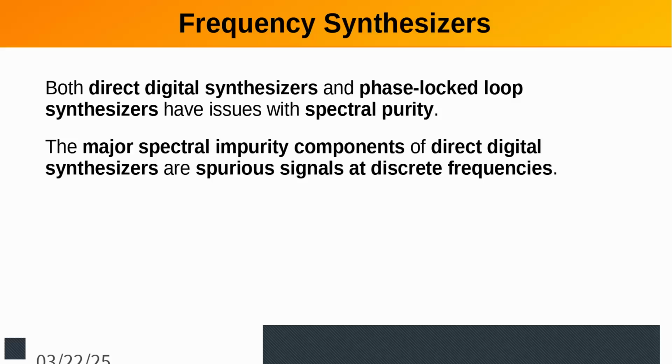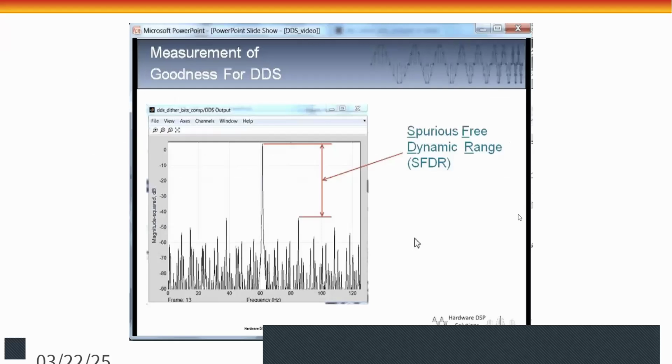So you've got a lot of square waves running around. There's a thing I found about how they measure the goodness of a direct digital synthesizer by looking at all these spurs compared to the output frequency and how far down they are. So they call that the spurious free dynamic range.